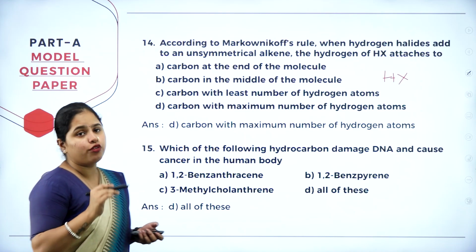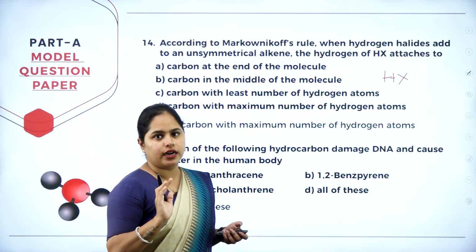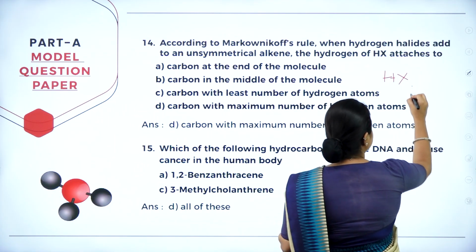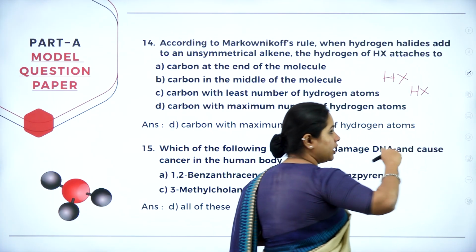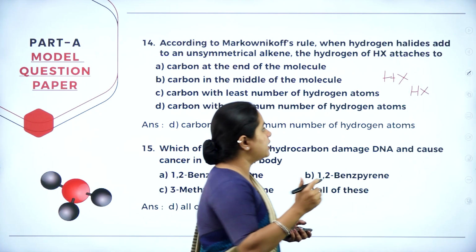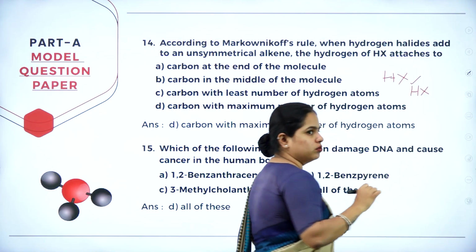The hydrogen of HX gets attached where? That is the question. So, HX is the hydrogen halide. If we are adding it to an alkene, where does this hydrogen atom go? That is the question.